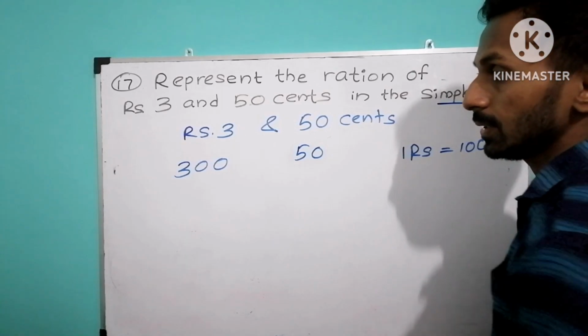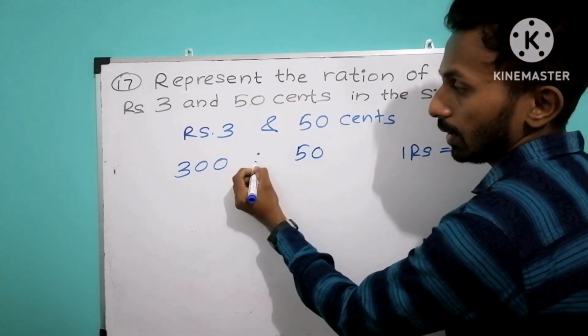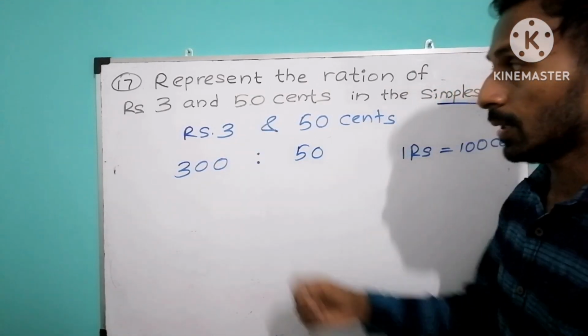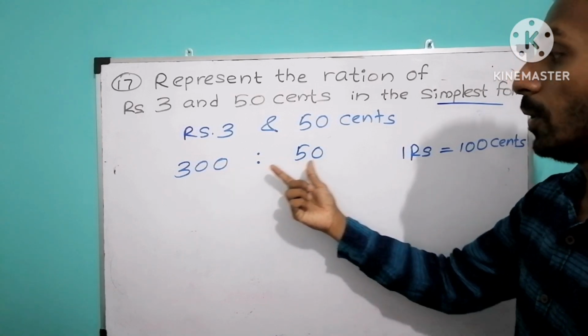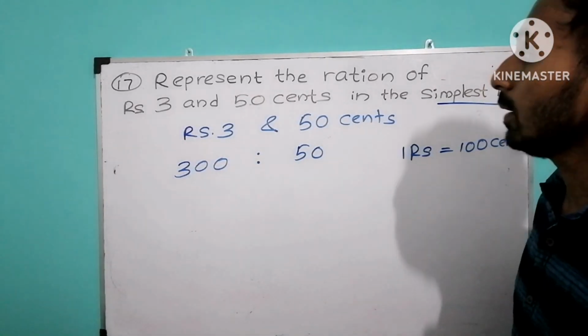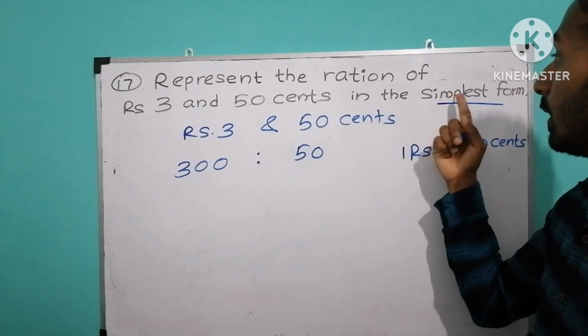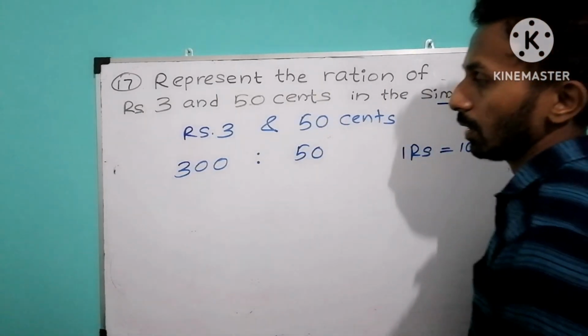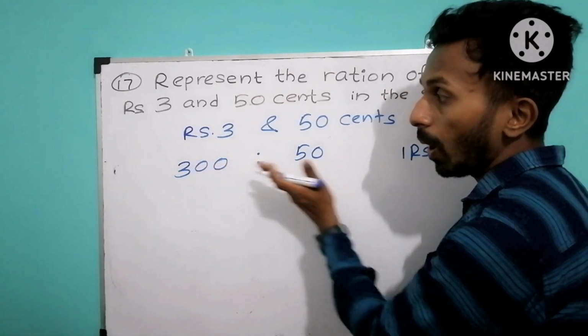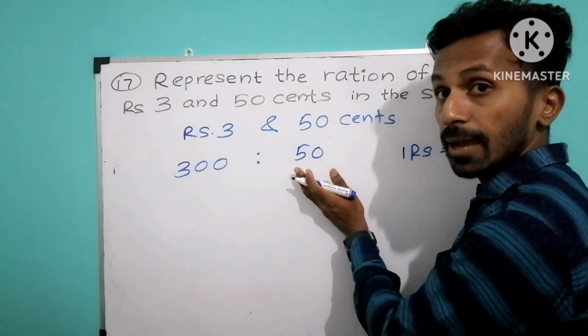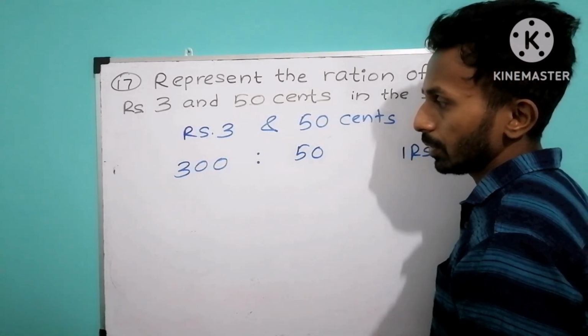Now you can represent these two in a ratio, 300 to 50. Then this is not the simplest form. You have to write this in simplest form. Now you can divide both sides by the same value. How?